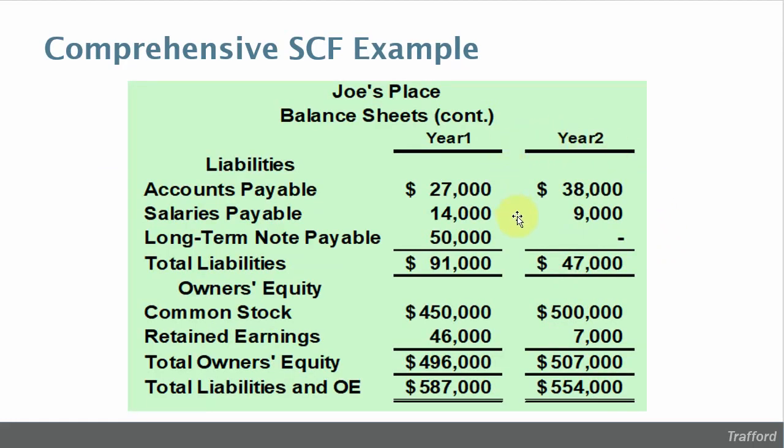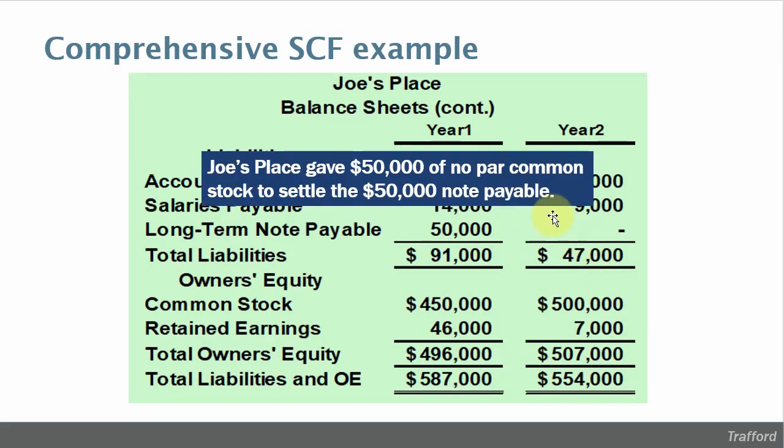Here's the rest of the balance sheet. Got information about liabilities and equity. And here's one more piece of additional information. There was an important non-cash transaction that, as you'll see later, would actually get disclosed on the statement of cash flows.